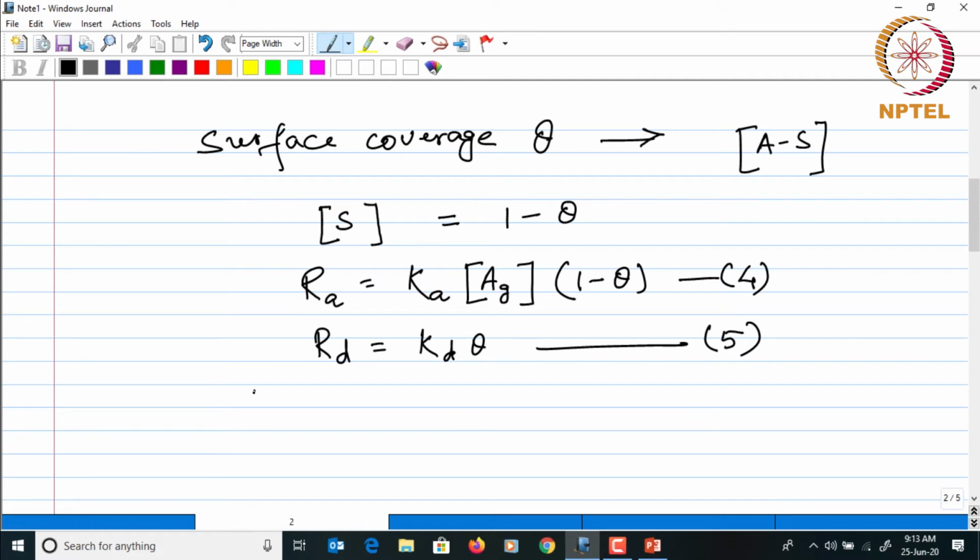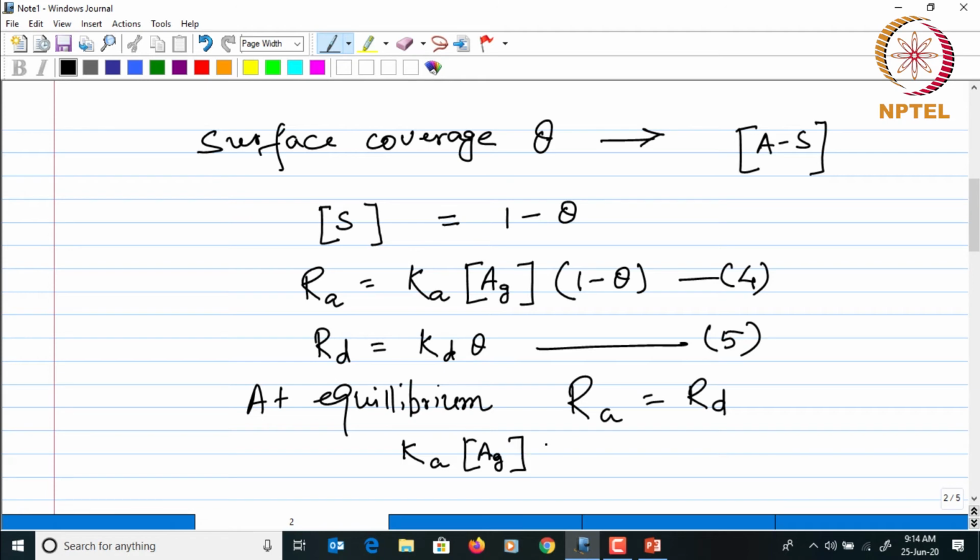Now at equilibrium, the rate of the forward reaction will be equal to the rate of the reverse reaction, and therefore we can write this.